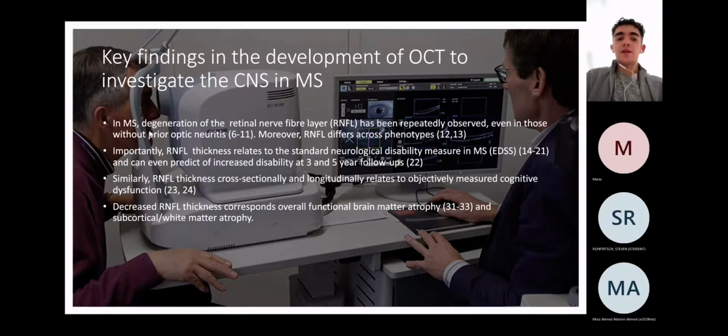So specifically, you look at the thickness of the RNFL within the eye, and what you find is that its thickness, its degeneration, its integrity is related to overall brain integrity, and more importantly, in MS, it's related to subcortical or white matter atrophy, right? And it's important to remember that MS is considered a demyelinating disease, so it attacks white matter, right? Myelin. And so importantly, the RNFL thickness is related to the integrity of the myelin within the brain.